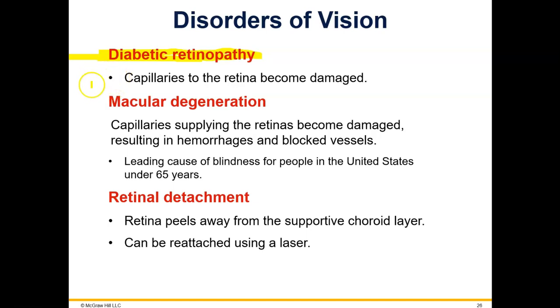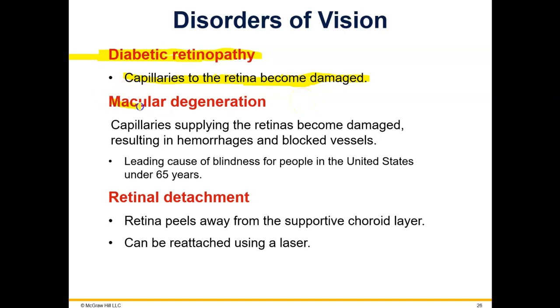When your diabetes has become out of control, we can detect that problem first, because we'll see damage to the capillaries of your retina. They're looking at the little tiny blood vessels called capillaries for damage, which is caused by your blood glucose levels not being managed. So that's one condition diabetics can get.